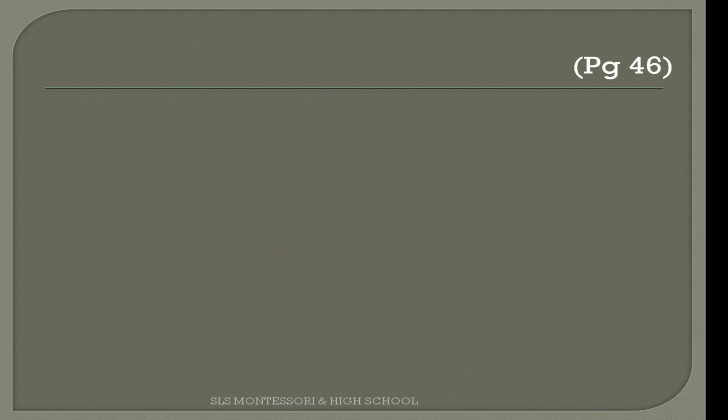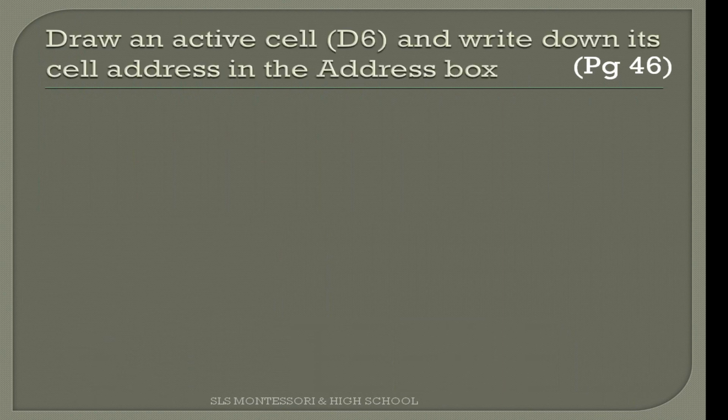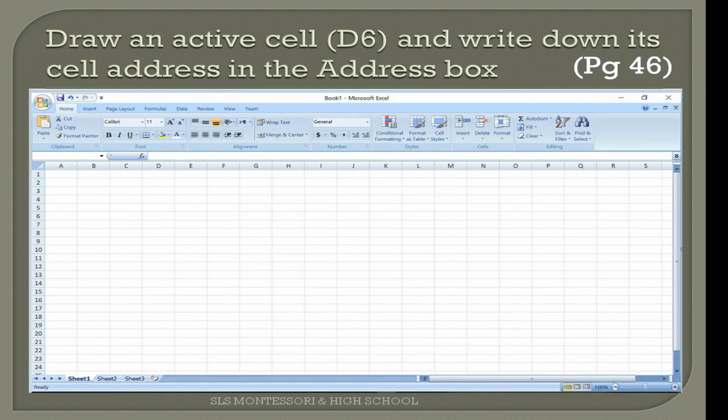Kindly open page number 46 and the question is, draw an active cell D6 and write down its cell address in the cell box. Yes, this is D6 and the cell address D6 is written in the address box.